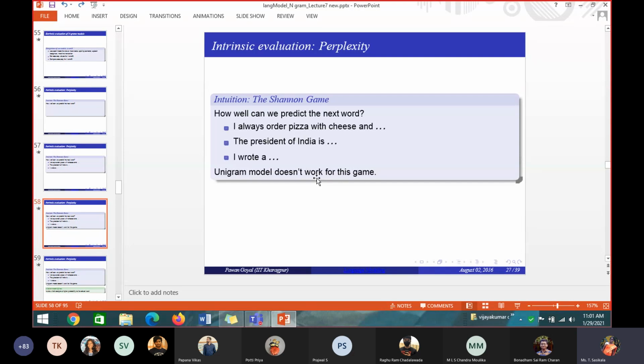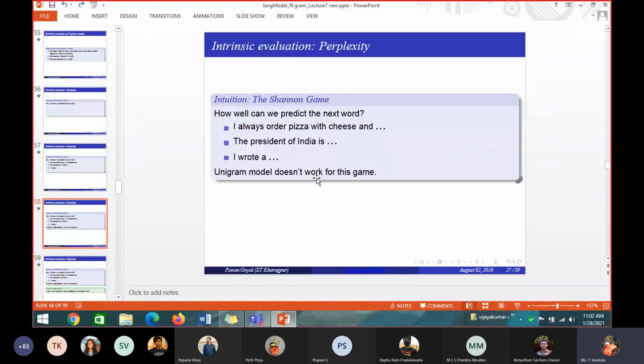So what can we go for? If you want to work on the Shannon game, which model do you have to use to predict the next word? More than one word, an N-gram model, that is bigram, trigram, anything.